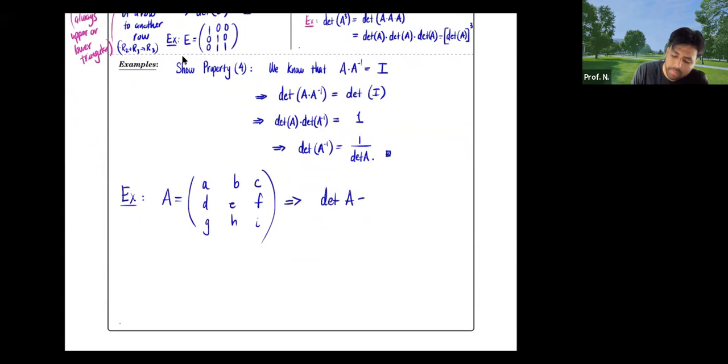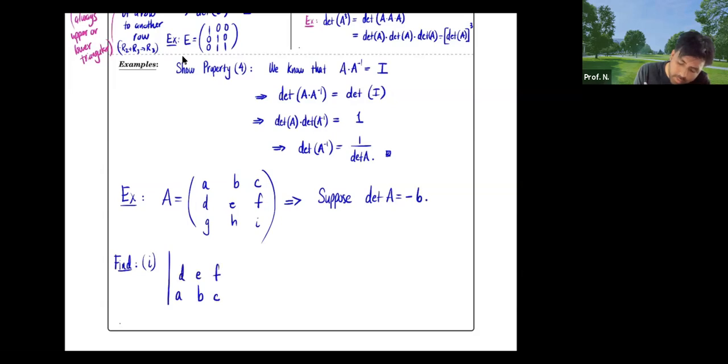Determinant of A, let's suppose, is equal to -6. Okay. So find the following. What would the determinant of the matrix with rows G, H, I, D, E, F, and A, B, C be?